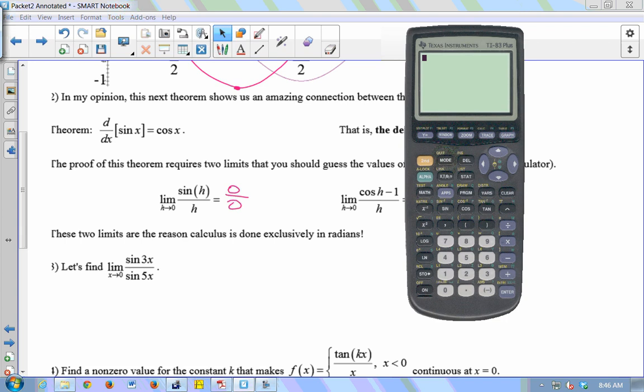It'll come out differently if we're not in radians. Okay, so sine of x over x, I'm using x's because I don't have h's. Then I go to my table, and I'm going to type in smaller and smaller values for x. So I might do 0.1, 0.01, 0.001. What does it look like my limit is approaching? Maybe I'll do one more, 0.0001.